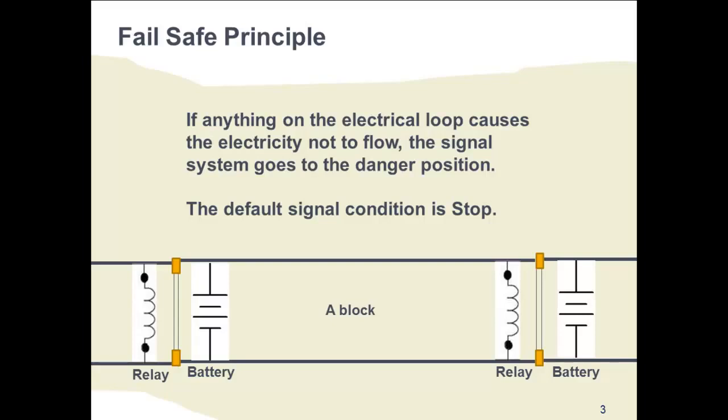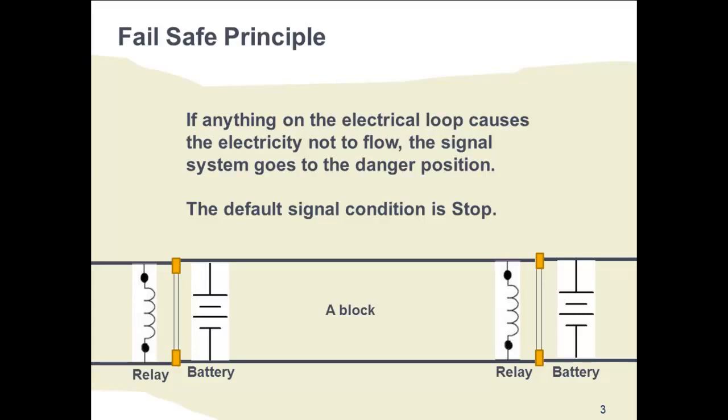The insulated joints, shown as yellow rectangles, prevent electric current from flowing between the blocks. Within each block, however, the electric current flows at all times from the battery through the relay and back to the battery. When we talk about track circuits, we are talking about the flow of electrical energy in the loop.